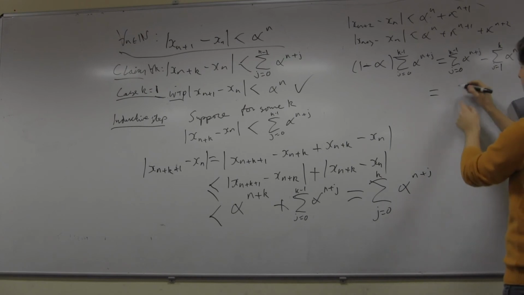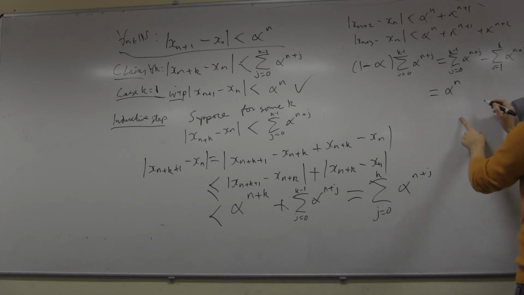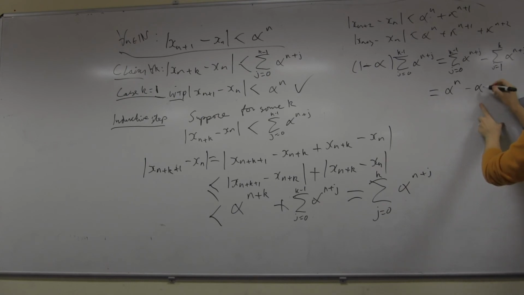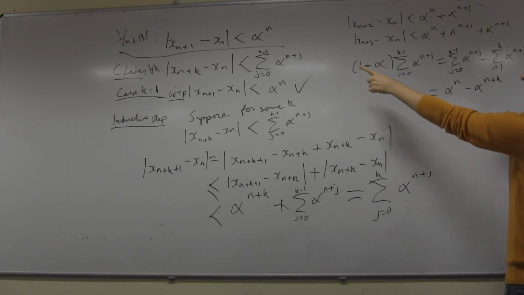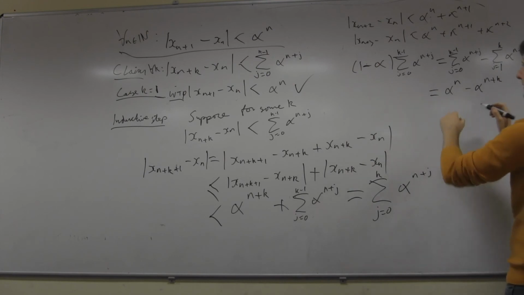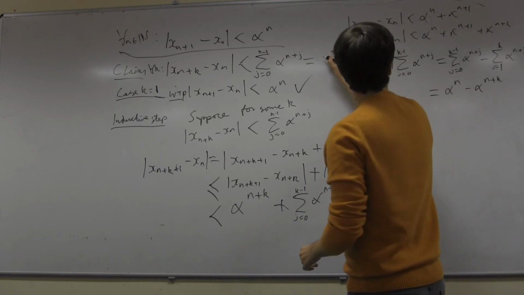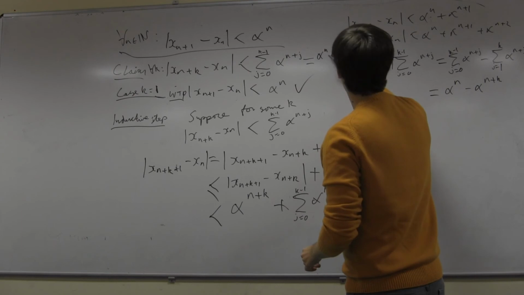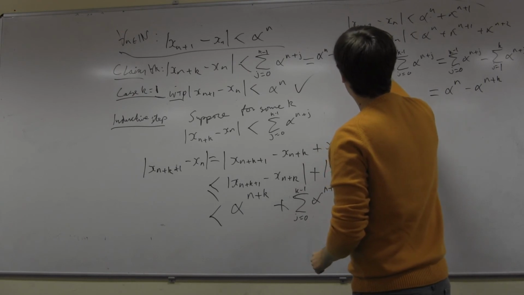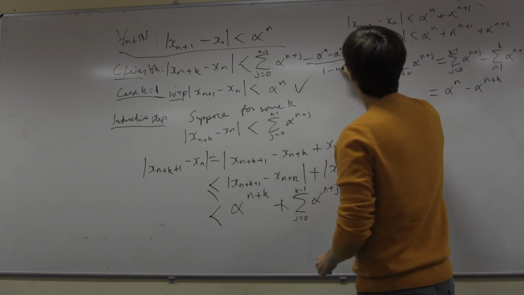The first term is alpha to the n, and the last term is alpha to the n plus k. So this sum is alpha to the n minus alpha to the n plus k, divided by 1 minus alpha.